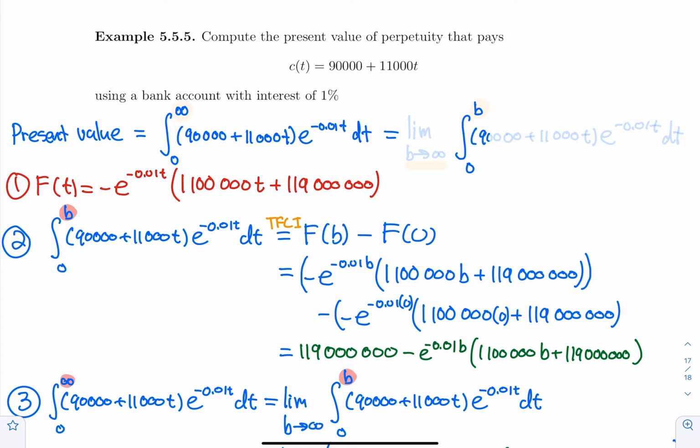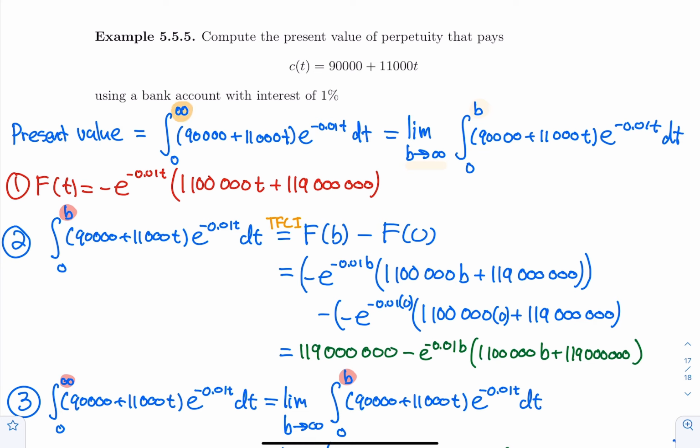Same integral: 90,000 plus 11,000 t, e to the minus 0.01 t dt. But now we're going to push that b to infinity. So that's my improper bound.